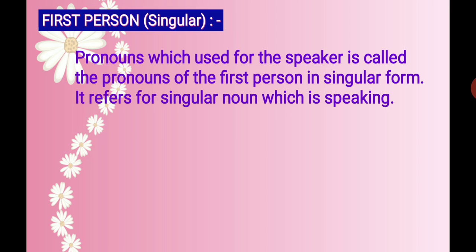What is the first person singular form? Pronouns which are used for the speaker are called the pronouns of the first person in singular form. It refers to the singular noun which is speaking. Who is the speaker in the sentence? It is called the first person singular. Understand?